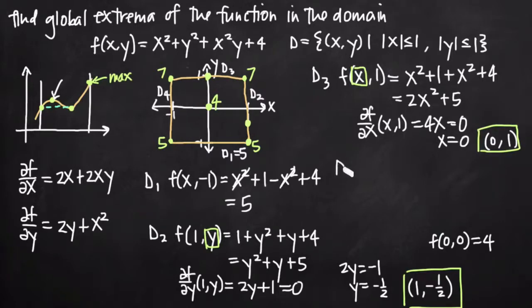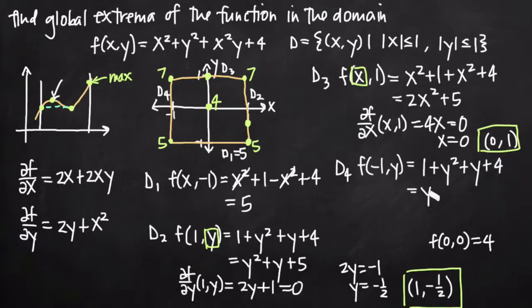And then finally my line segment d sub 4. Along this line segment, x is always equal to negative 1, so we'll say f of negative 1 comma y, and we'll replace in our original function x with negative 1, so we'll get here positive 1 plus y squared plus y plus 4.